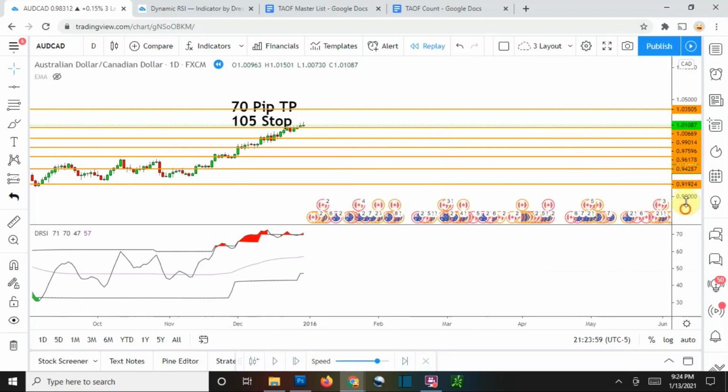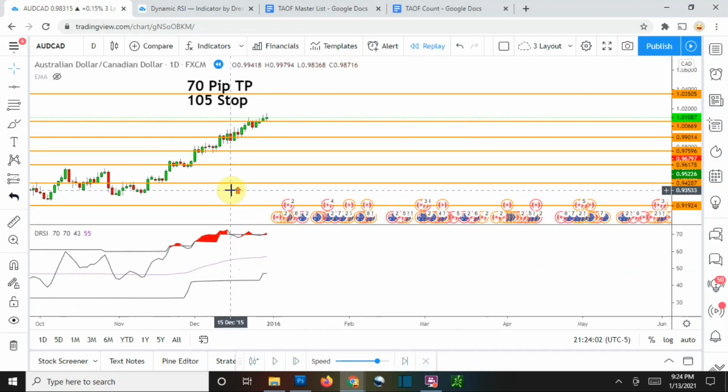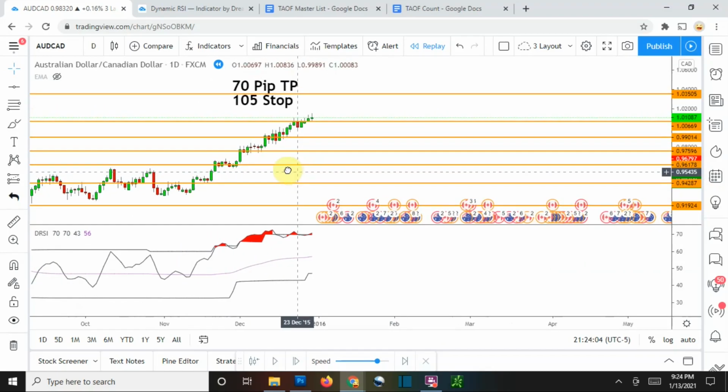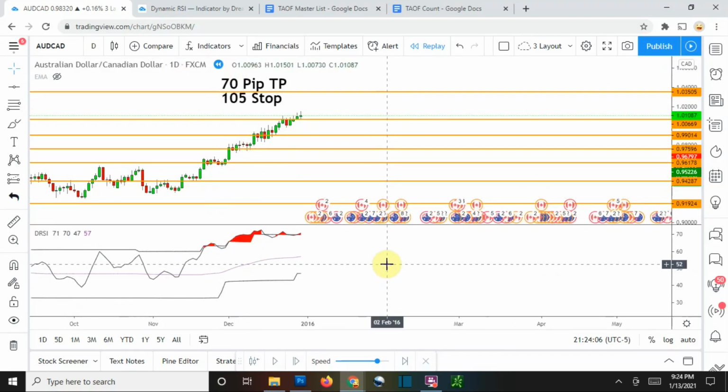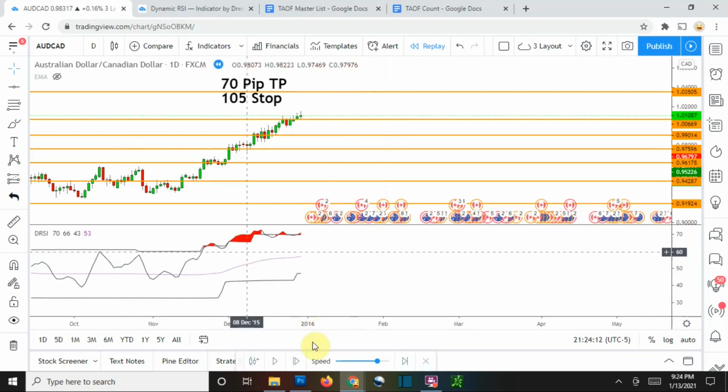So there we have it. We have price action, we have support and resistance lines mapped out here, and we will go ahead and start testing this and see what we can get out of it.